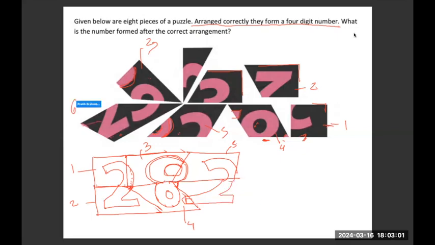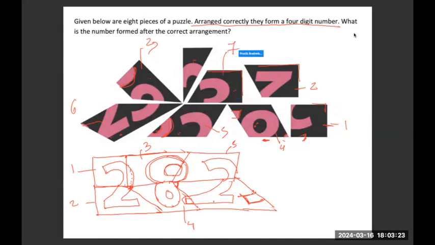So this is 6. And then the last part will come like this. Which means this triangle can be here, but I don't know. But there's one part which is remaining.